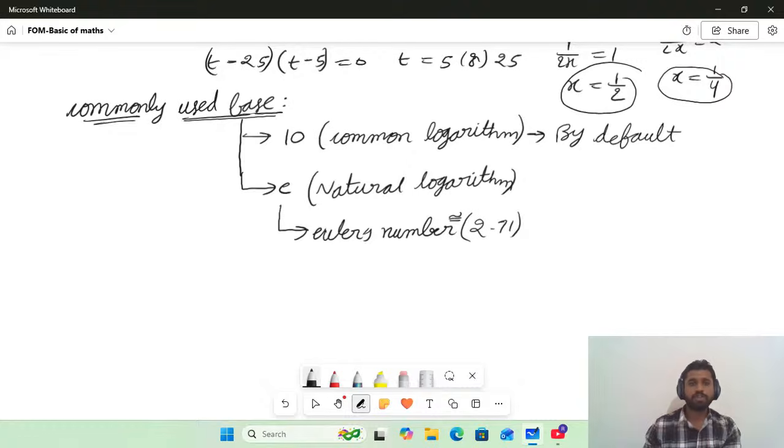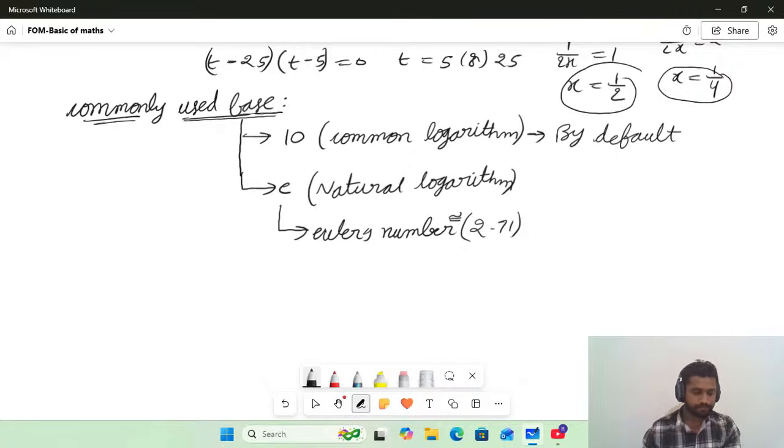So these are the commonly used bases in logarithms. One is the base 10, another one is the base E. Logarithm with the base 10 is called common logarithm, and logarithm with the base E is called natural logarithm, where E is called Euler's number, whose approximate value is 2.71.